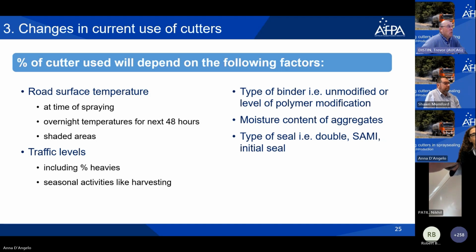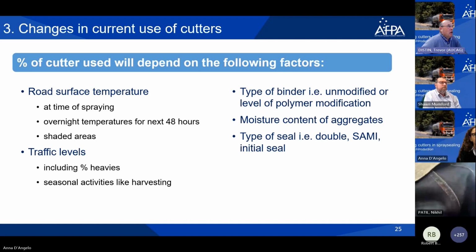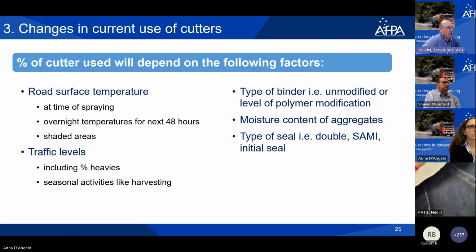The traffic levels will also have an influence. The traffic's very important to the reorientation of the aggregate in its early life, so you form that mosaic, which helps lock in the aggregate. If you're not going to have high traffic to achieve that, then cutter will certainly help you achieve that a lot quicker.